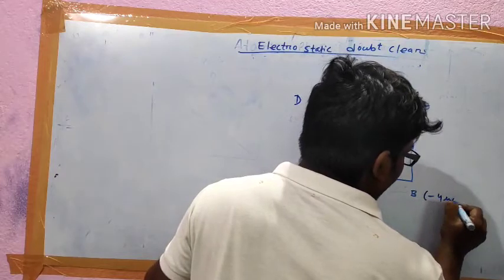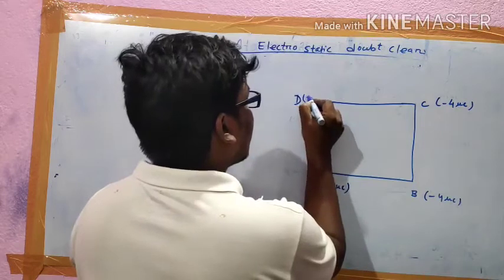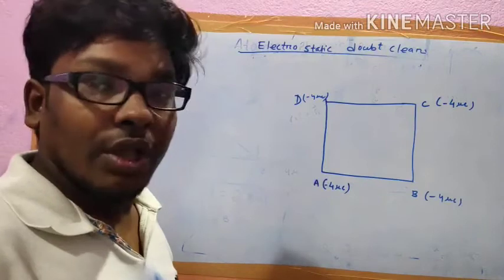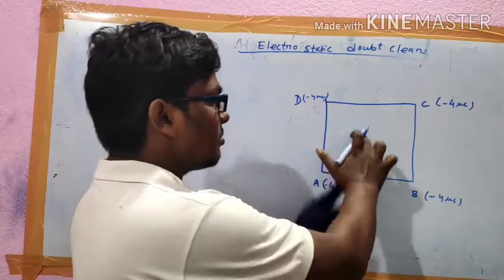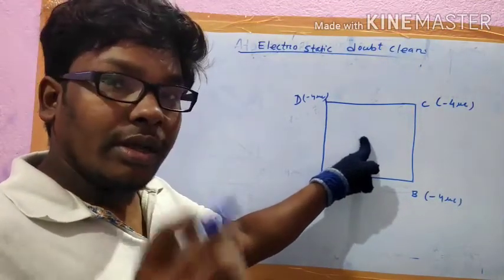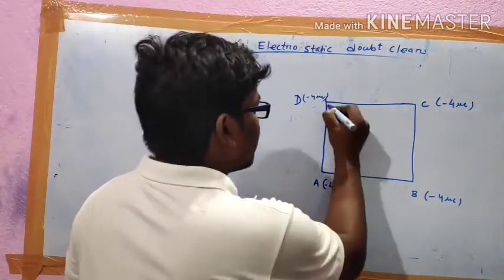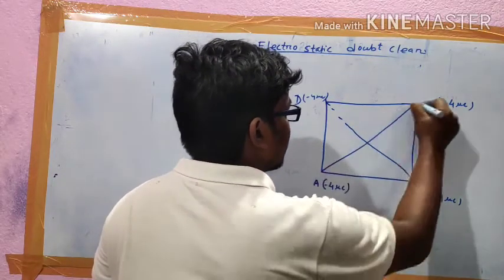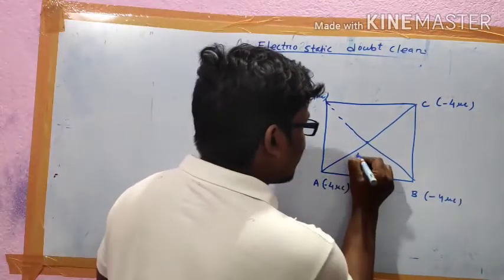We need to place a charge at the center so that it will maintain the equilibrium condition. So this is our center, take it as position M.